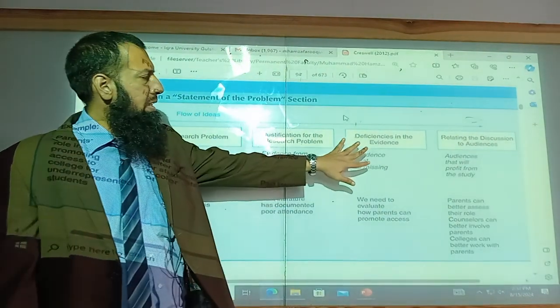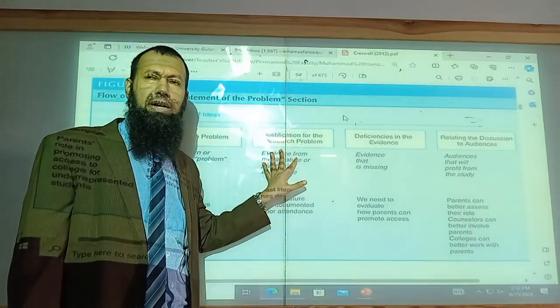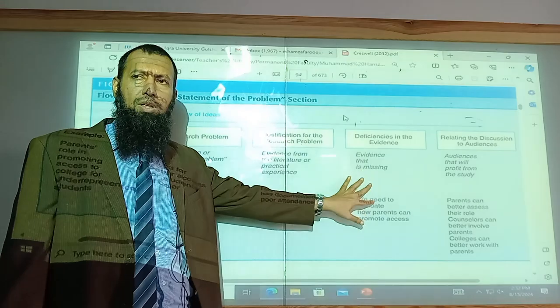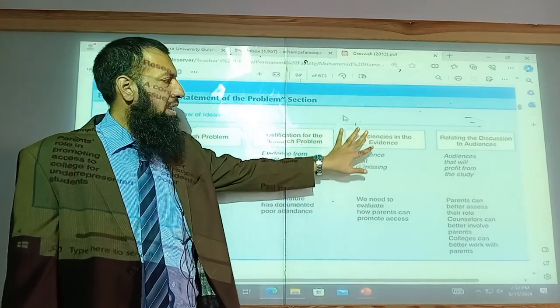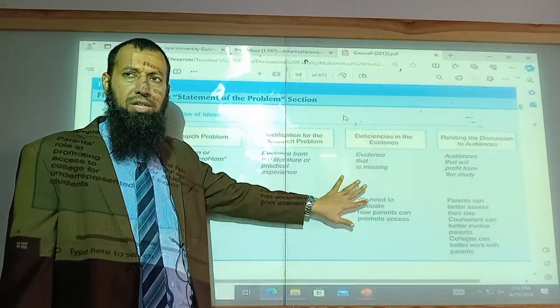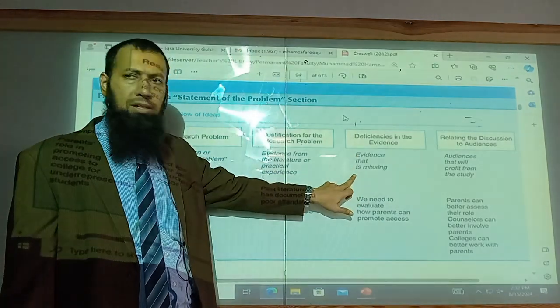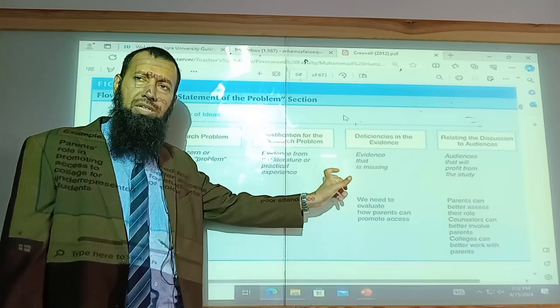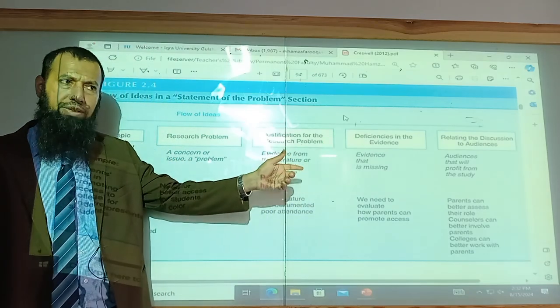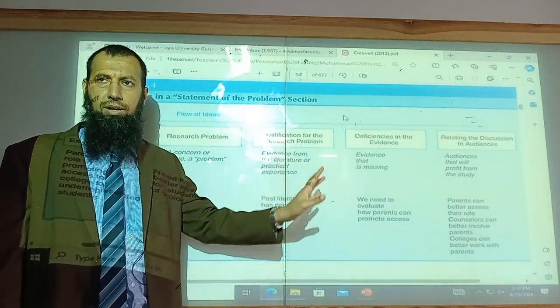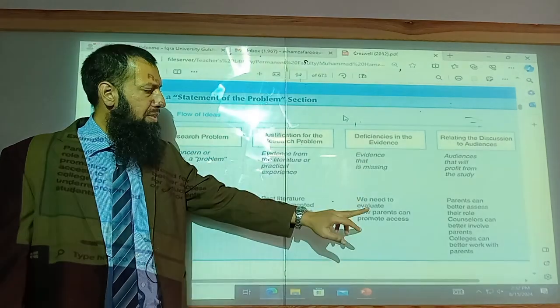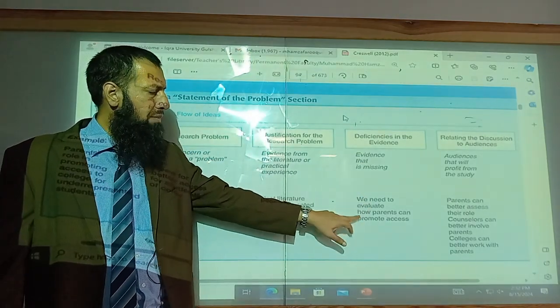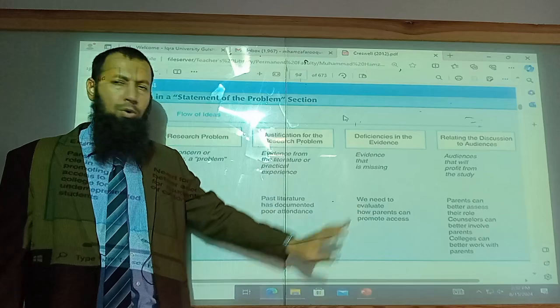When we talk about the research problem, we talk about the literature again, and in that we talk about the deficiency. They have already worked upon it, but there is a deficiency, an absence of work already done. For example, we need to evaluate how parents can promote access.